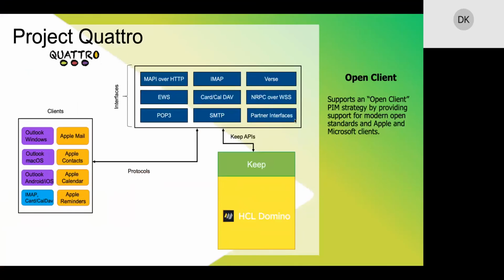This happens to be a very high-level architectural overview of Project Quattro or Open Client. The piece that we've been talking about primarily here is this EWS middleware piece. This is a LoopBack application that we've created as a piece of middleware where we have a number of controllers. We have an auto-discover controller so that clients that talk EWS can, given the domain of the person logging in, discover our endpoints for Exchange Web Service protocols.